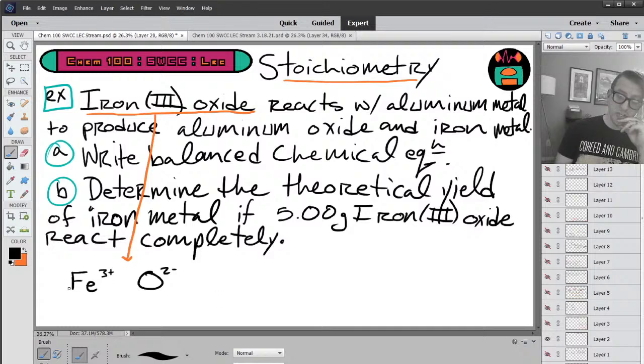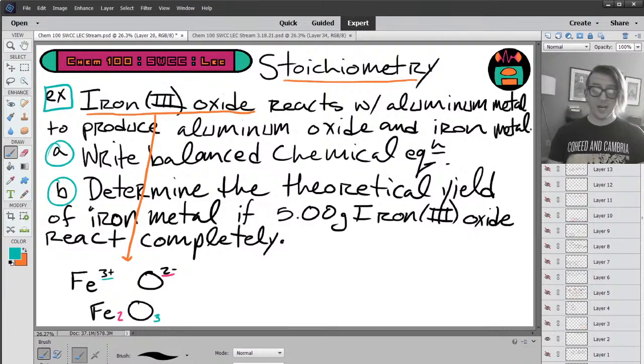Because 2 and 3 don't go into each other evenly, for our cation, iron, we give it a subscript equal to our anionic charge, and for our anion, oxygen, we give it a subscript equal to our cationic charge. So iron 3 oxide is Fe2O3.